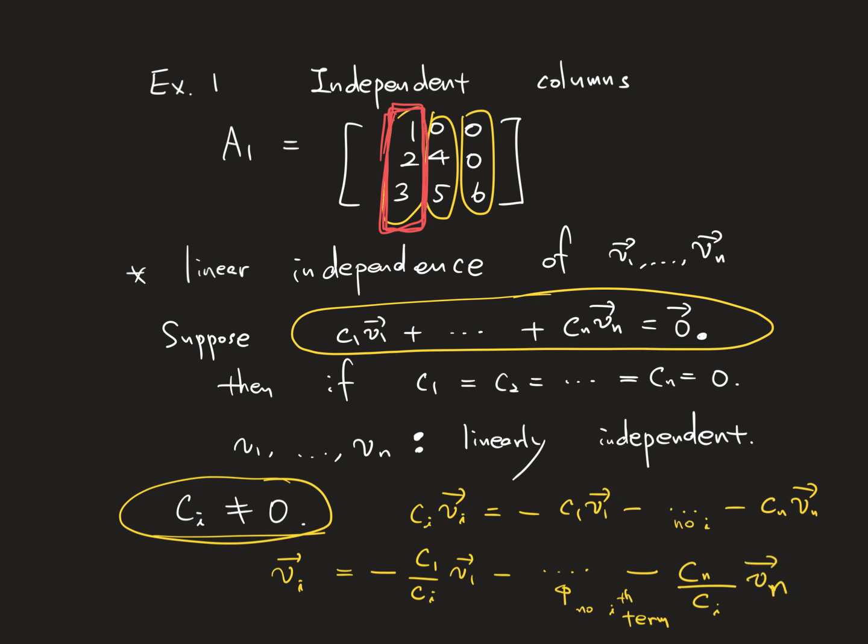So now you can see that the vector Vi is a linear combination of other vectors. That means it's dependent.